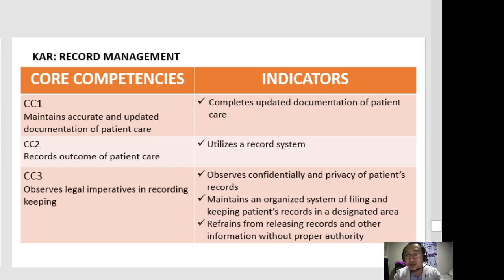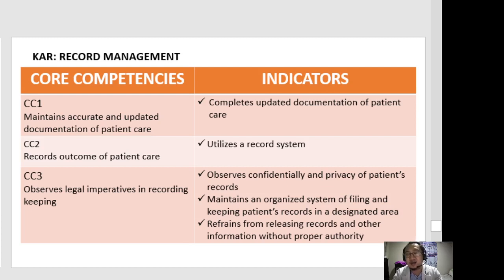One is you should observe confidentiality and privacy of patients' records. That's a mandate. Not only the patient's records, but also matters that you usually see in the hospital setting should be held confidential and private. Maintain an organized system of filing and keeping patients' records in a designated area.